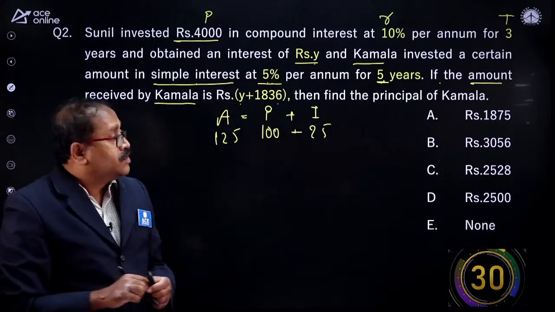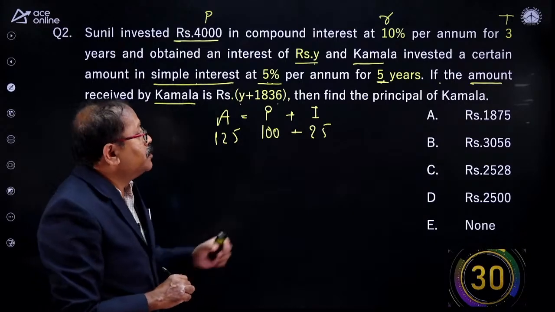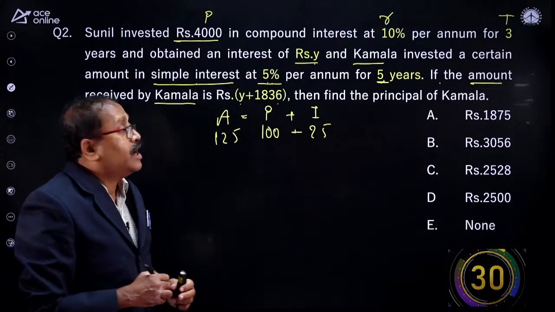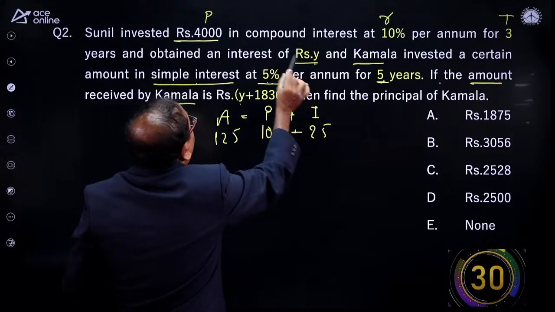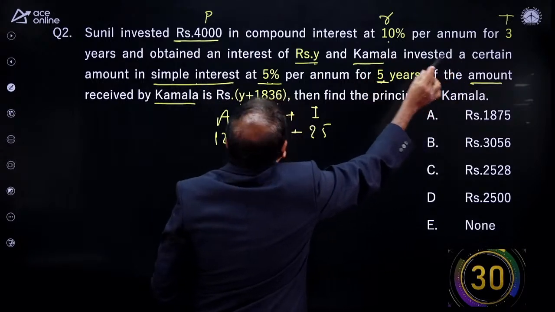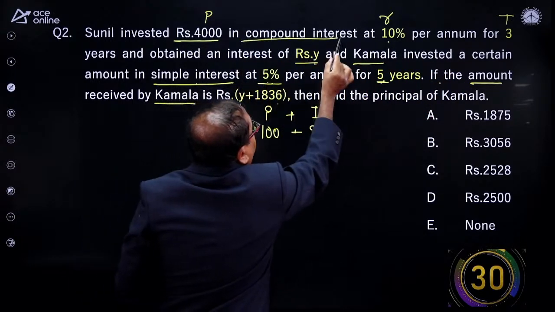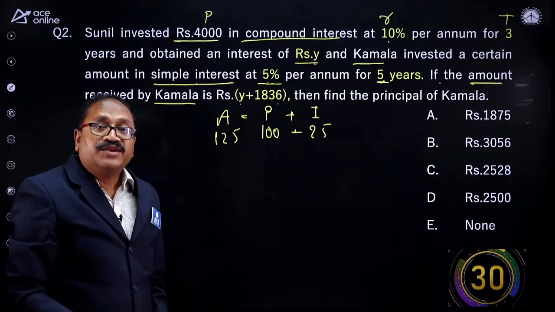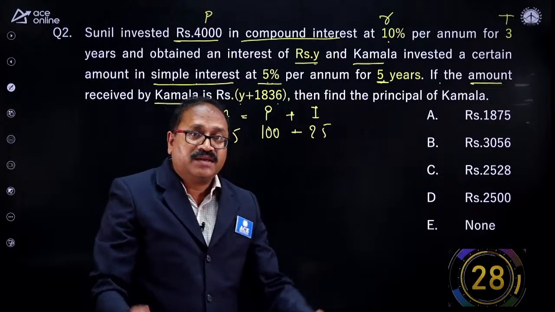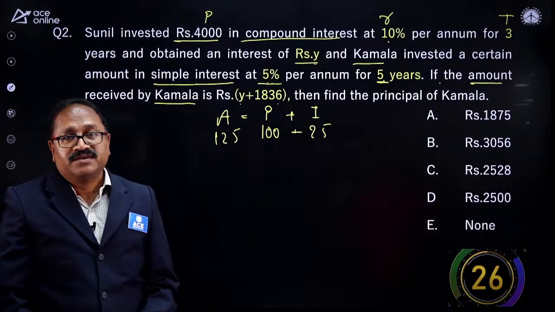What do you need to find out? The principal. But the amount has the Y value. And what is Y? Y is the interest on this principal at this rate for 3 years at compound interest. Can you do it, my friends? Let's have 30 seconds for you and we will answer it after that.